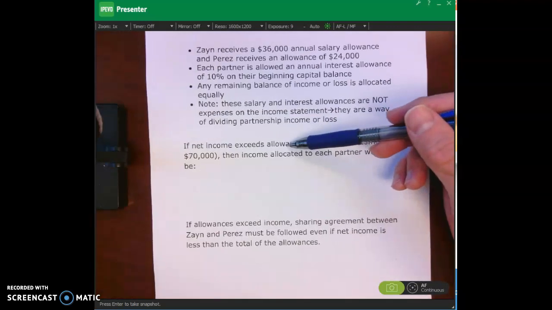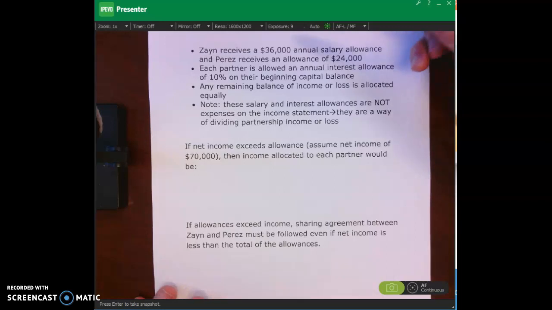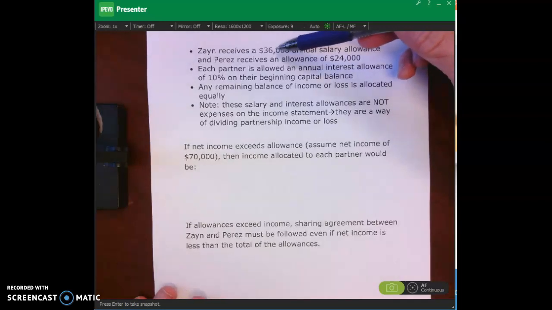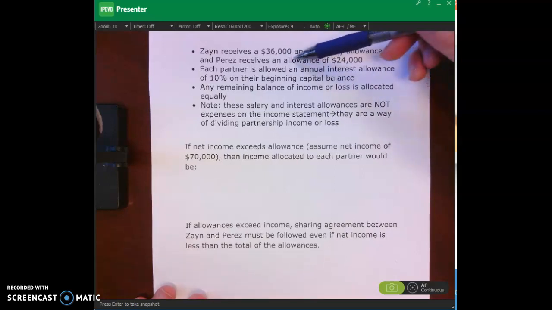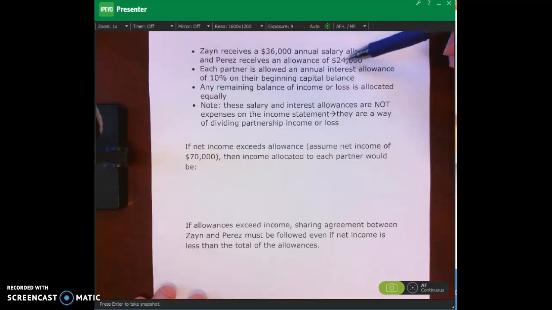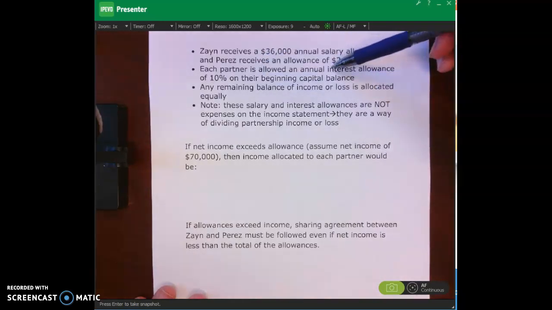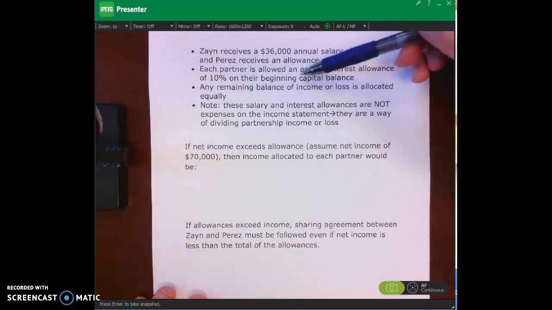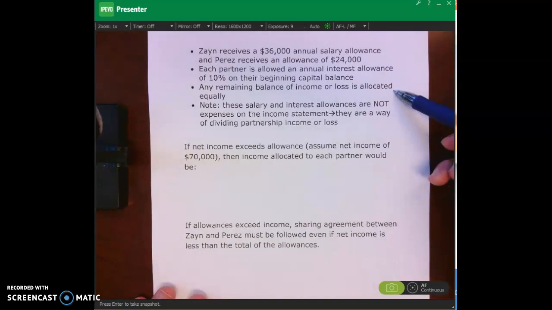Let's say that net income is $70,000, and that Kayla receives a $36,000 salary allowance and Perez receives a salary allowance of $24,000. Each partner is allowed an annual interest allowance of 10% on their beginning capital balance. Any remaining is shared equally, so that's based upon the stated ratio.